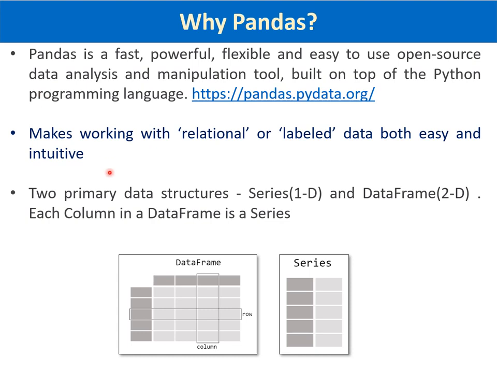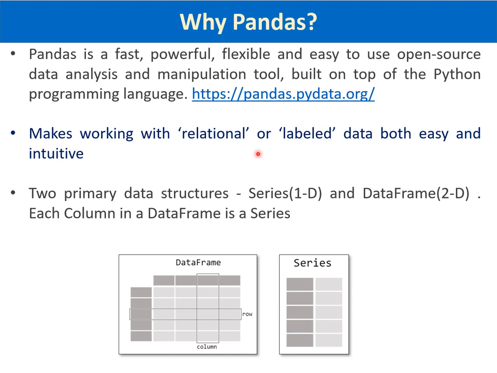Then Pandas makes working with relational or labeled data both easy and intuitive. Now, the tabular data is the fundamental data structure where we store the data in the form of tables. It can be single table data or multi-table data, which are related by some key columns.